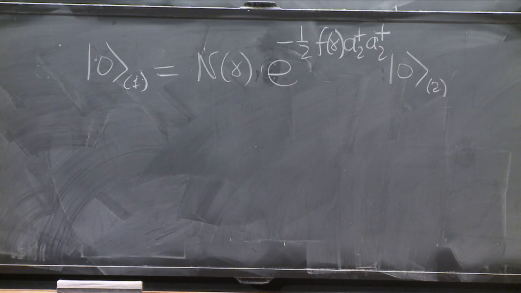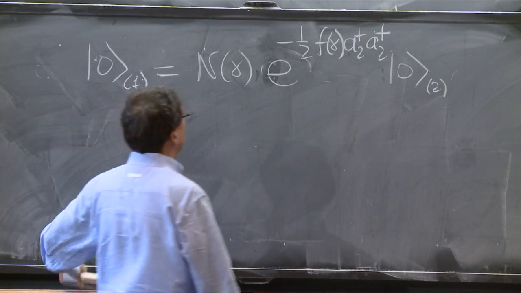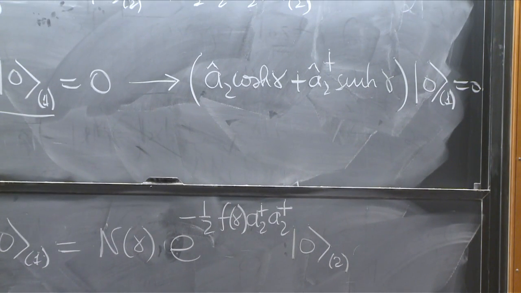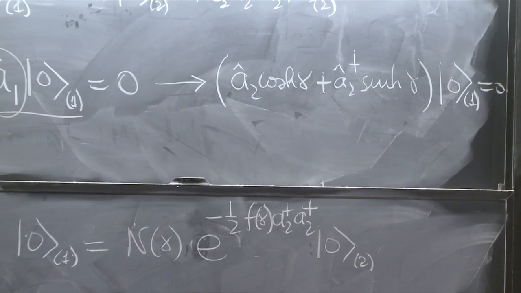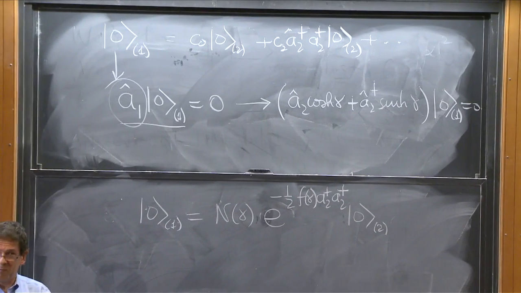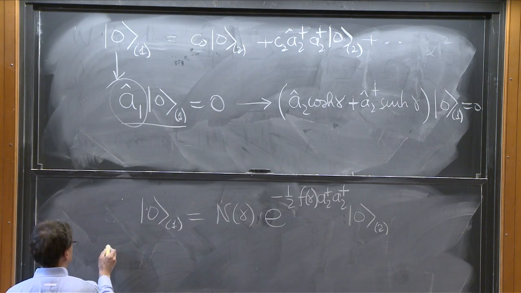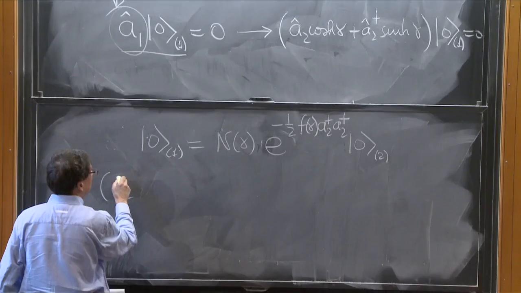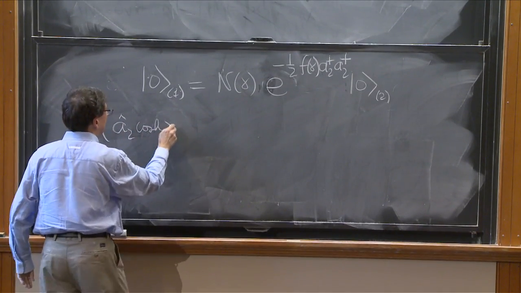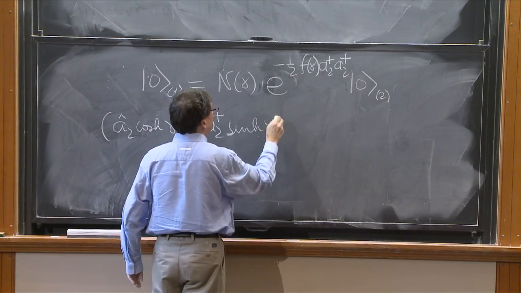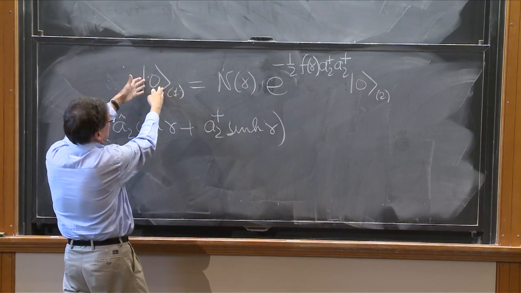So what does it mean to solve it? Well, it means that it must be annihilated by this operator. So our computations with creation and annihilation operators are becoming more and more complicated, but they look more and more complicated. They're really not harder. Let's see what happens. So I need now that A2 cosh gamma plus A2 dagger sinh gamma kill this state.